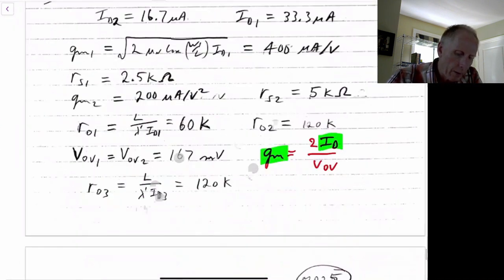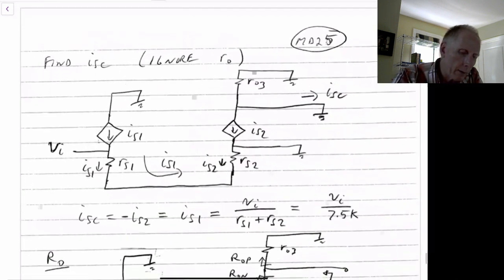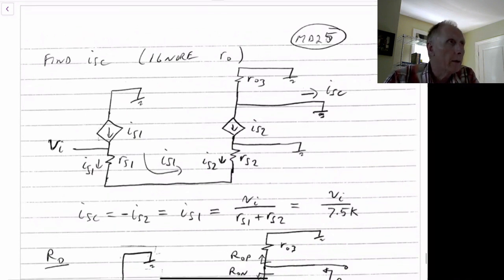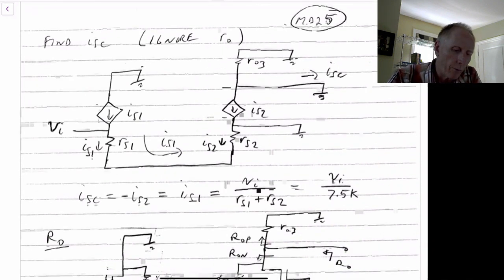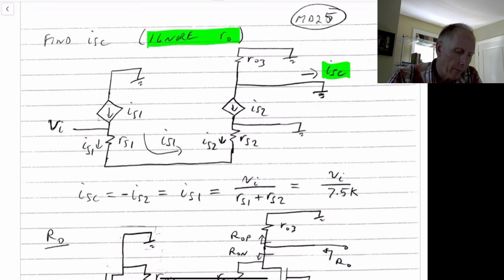So we can draw down the small signal model now for this circuit. It's shown here. For finding the short circuit output current, ISC, we'll ignore RO, which is what we commonly do. If we do that, we end up with IS1 flowing down through here.